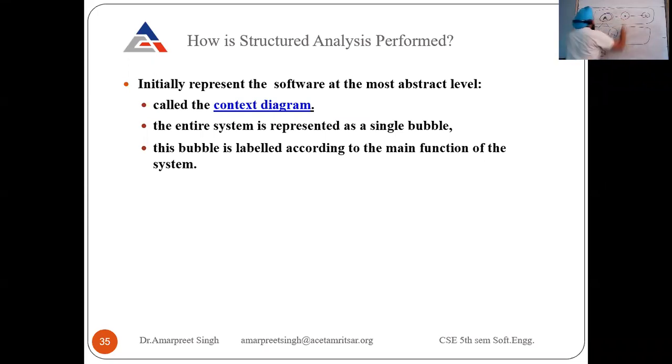If B has further sub functions and is represented in DFD level 2, then the numbering will be 1.1 and 1.2. Clear? And suppose 0.1 is further divided into sub functions, it will be represented at DFD level 2.